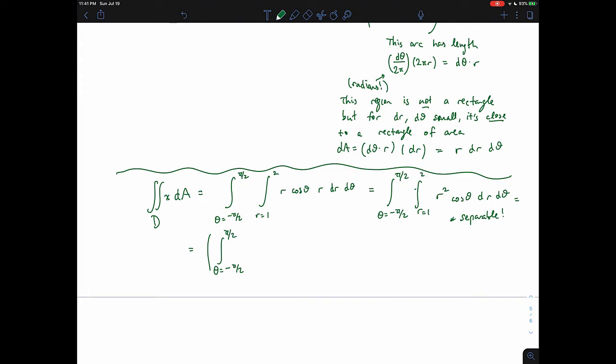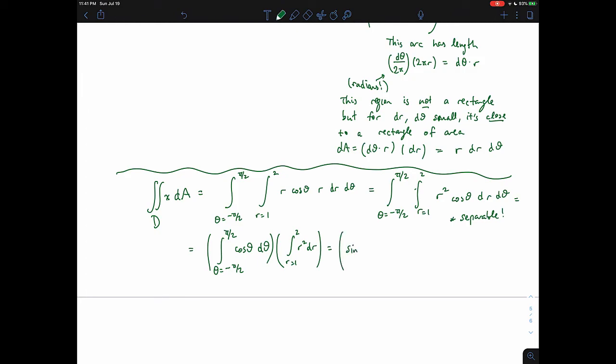That means this separable integral is just a product of two separate integrals: the integral from minus pi over 2 to pi over 2 of cosine theta d theta, times the integral from r equals 1 to 2 of r squared dr. We've seen this idea before with x and y as the variables. It's the same idea, but we're just using different letters. Now each of these is simple enough to evaluate.